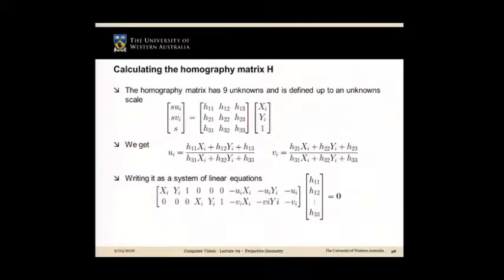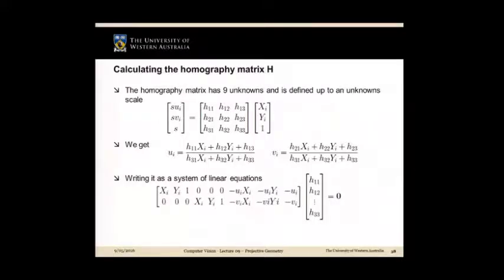And for S times ui, you already know your S, so you just multiply the first row of your first matrix with the xy vector, and that will give you the values of ui and vi. So using these values of ui and vi, you can easily get this information.